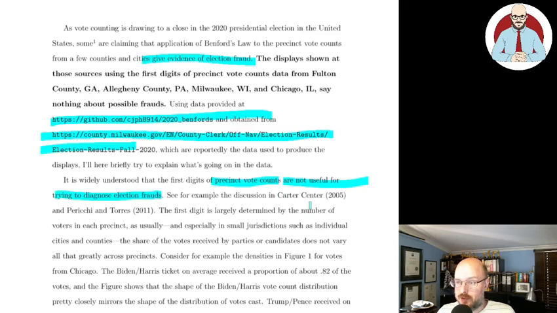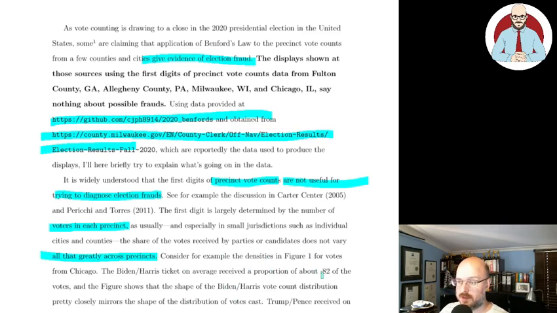See, for example, the discussion of Carter Center, 2005, and Pericchi and Torres, 2011. The first digit is largely determined by the number of voters in each precinct. As usually, and especially in small jurisdictions such as individual cities and counties, the share of the votes received by parties or candidates does not vary all that greatly across precincts.